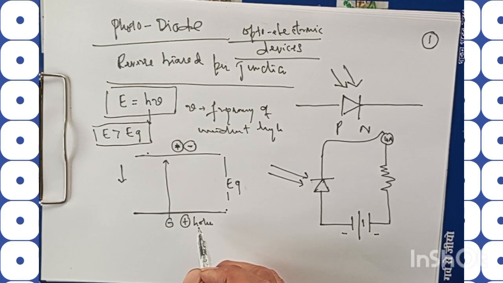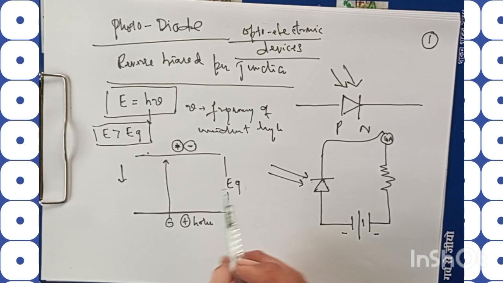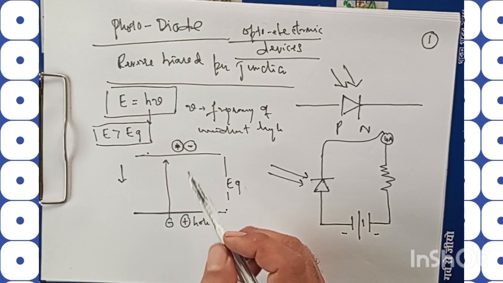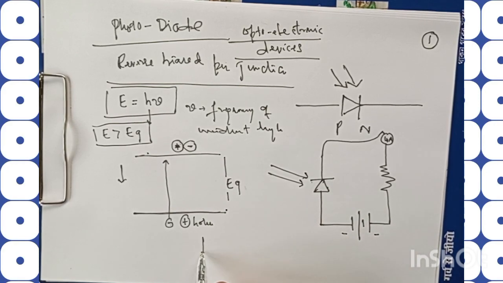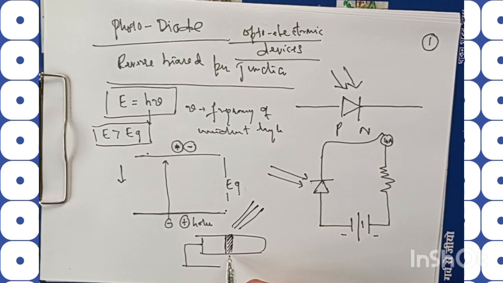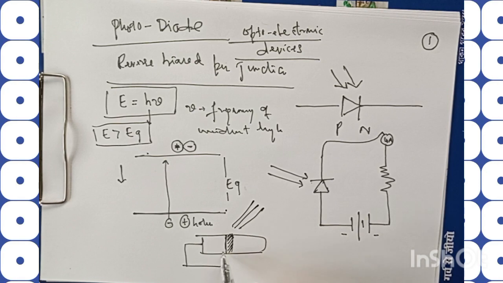Now, what I'm again trying to say is this photodiode is fabricated with the consideration that the electron hole pairs are formed near the depletion layer. So if I go back to the PN junction, this depletion layer is my energy gap, and when I use the light to fall on this junction, I have to make sure that this junction responds to the energy of the incident photons that are falling on it.